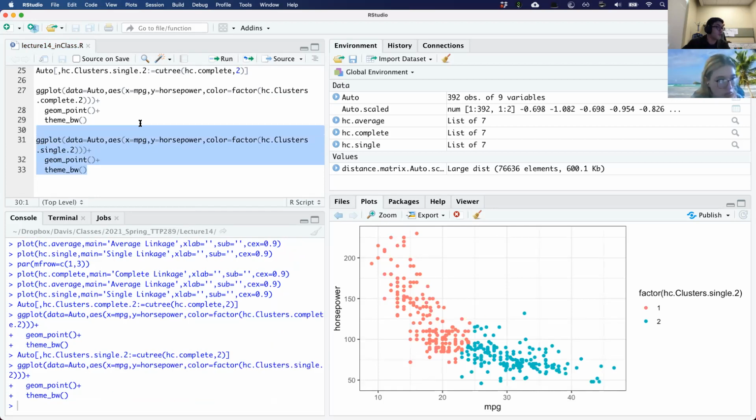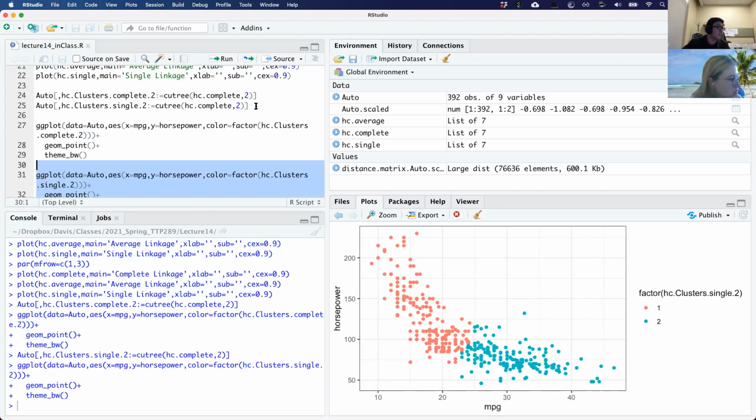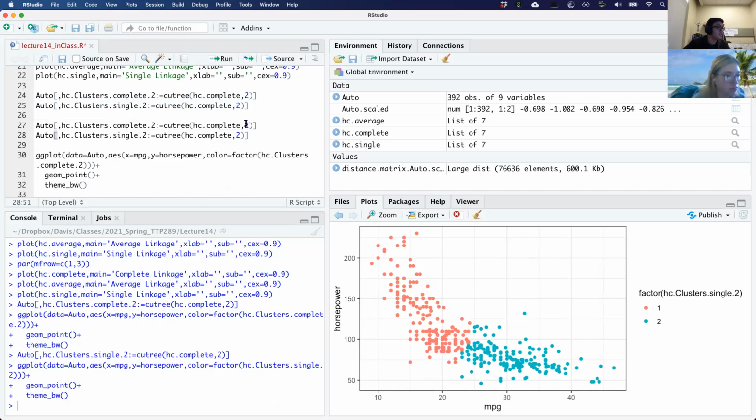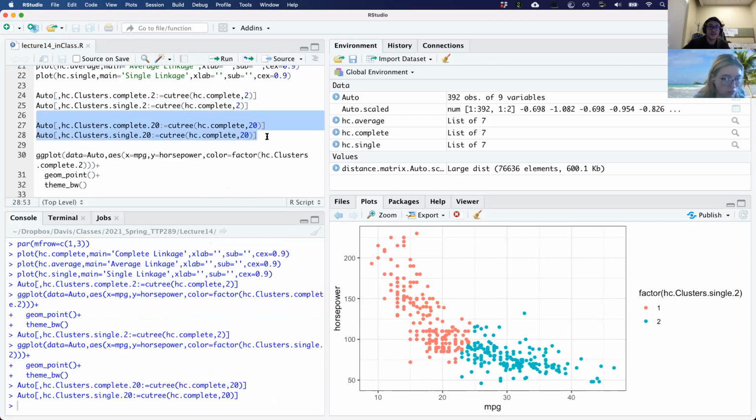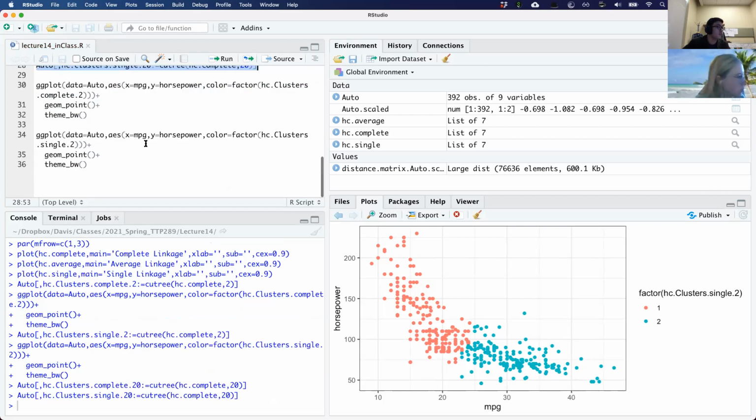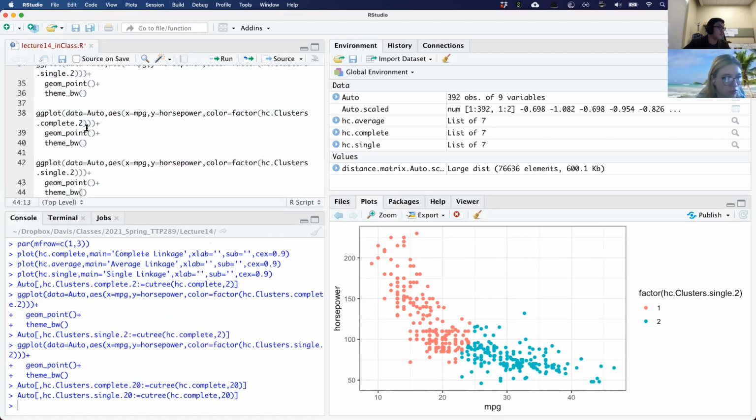So that part still looks kind of similar, but if I were to, let's say, go up to 20, let's take a look at what these look like.